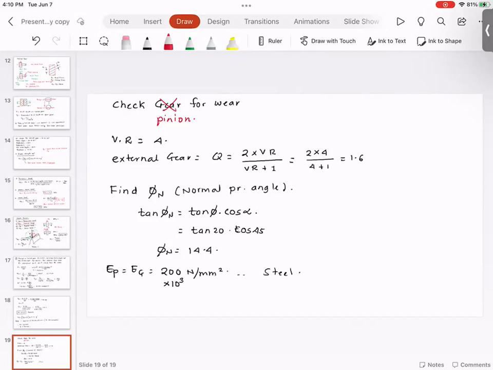So when you use the equation, K is equal to sigma ES square sine phi n divided by 1.4, 1 divided by EP plus 1 divided by EG. This answer is 0.675 Newton per millimeter square.